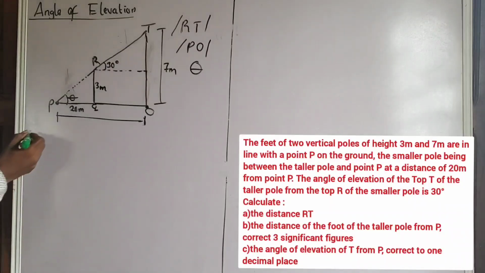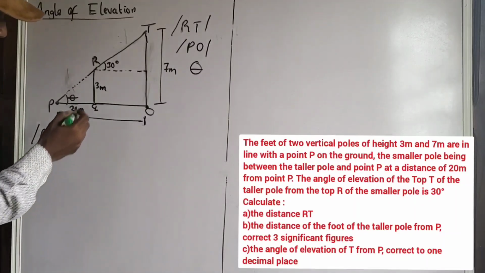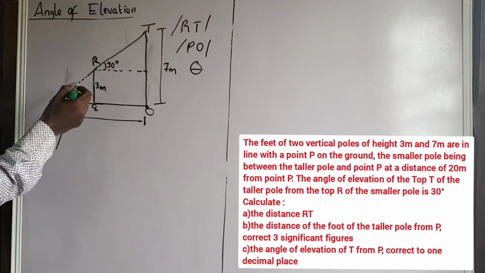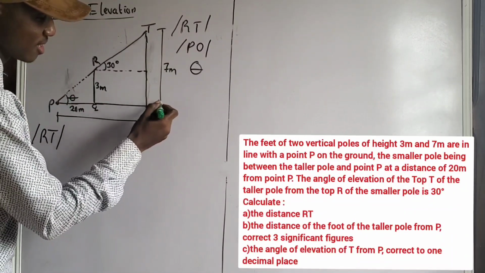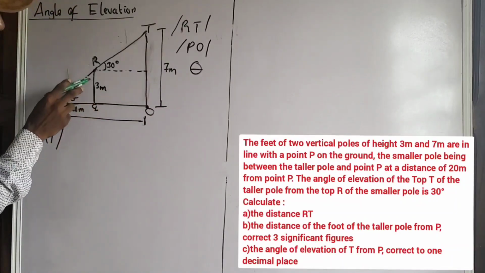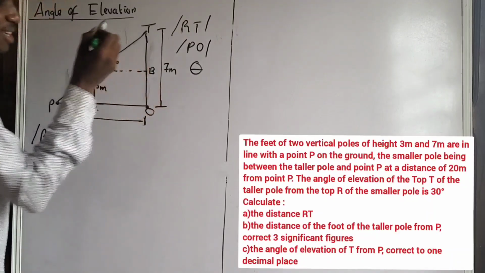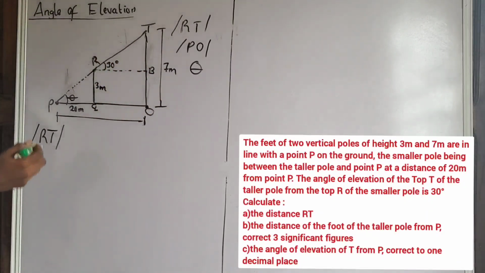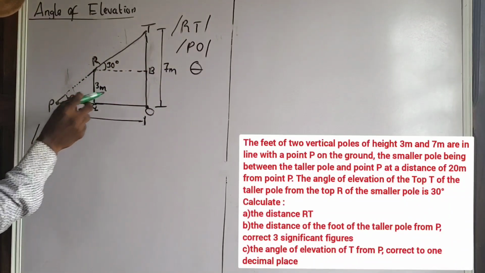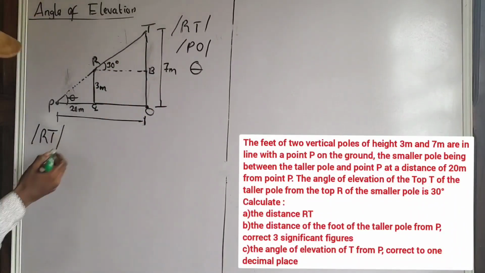Let's start with line RT. To get line RT, you know that the distance RQ, let me call this point B. The distance RQ is equal to BO.